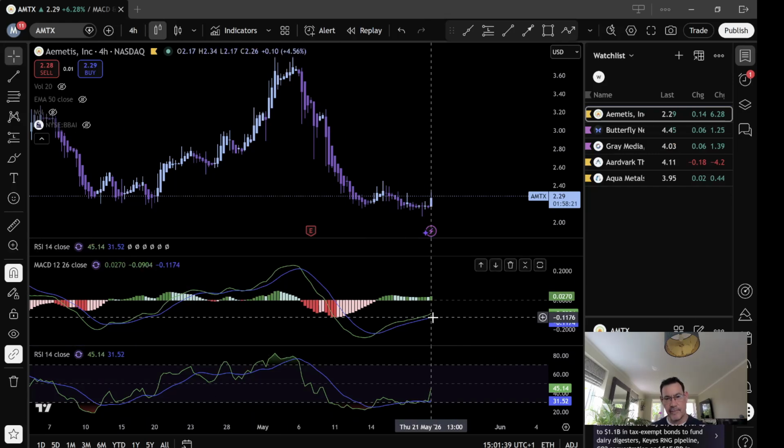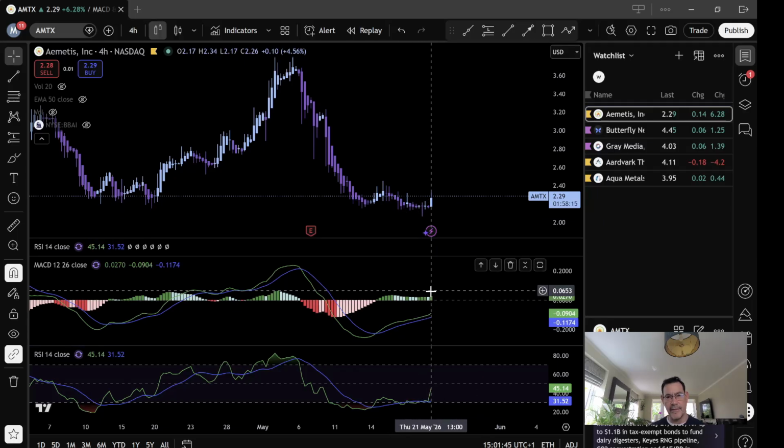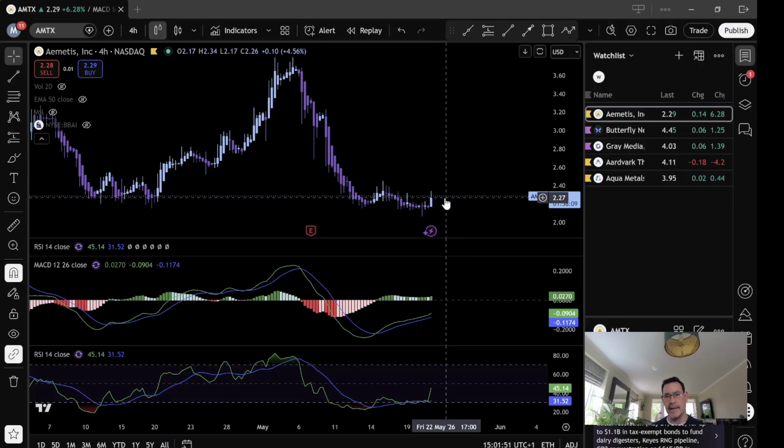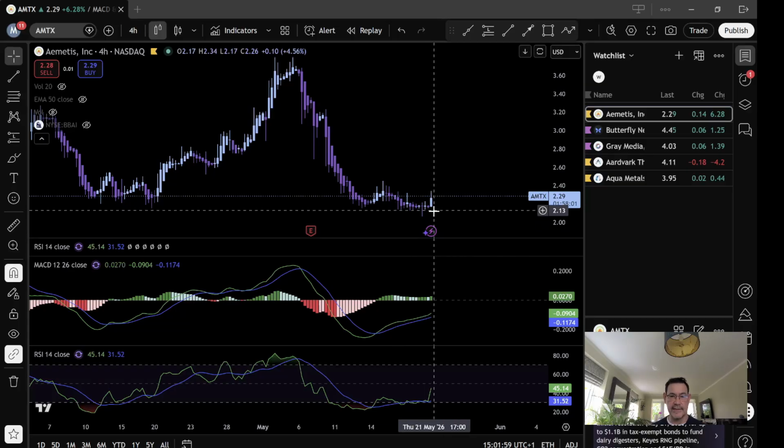What I'm really looking for is this intersection, this crossover. And if it crosses over and the histogram is dark green, which indicates momentum, then I will take that trade. Or I'll think about taking that trade. It's not quite there yet.